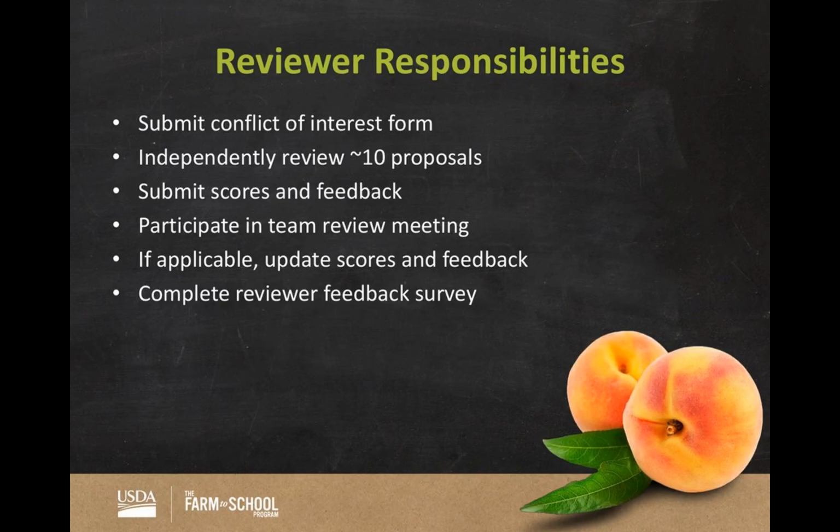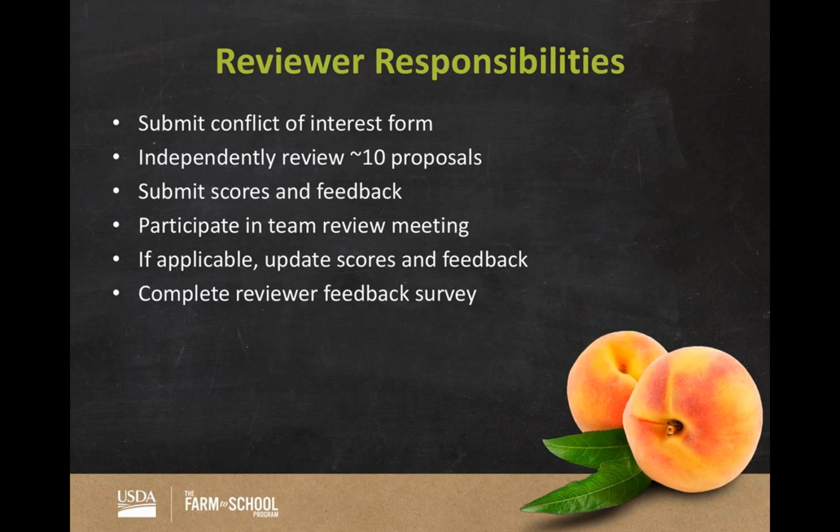Then the next key step for a reviewer is to submit their scores and their feedback, those written comments on strengths and weaknesses. And then you're going to participate in a team review meeting. You've individually looked at your applications, you've scored them, you've written feedback. Now you're meeting with your team to discuss those scorings.